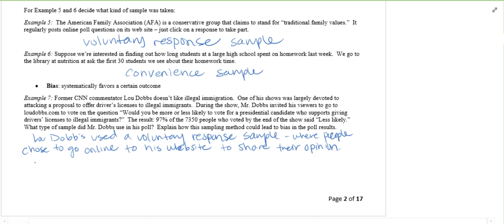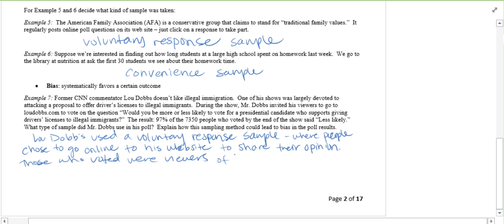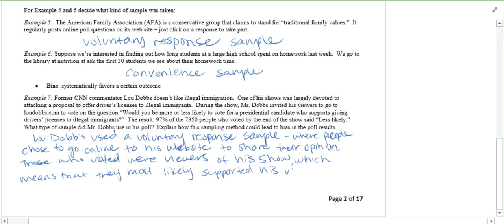Okay, so we can say that those who voted were viewers of his show, which means that they most likely supported his views. Okay, so what do we think about 97%?